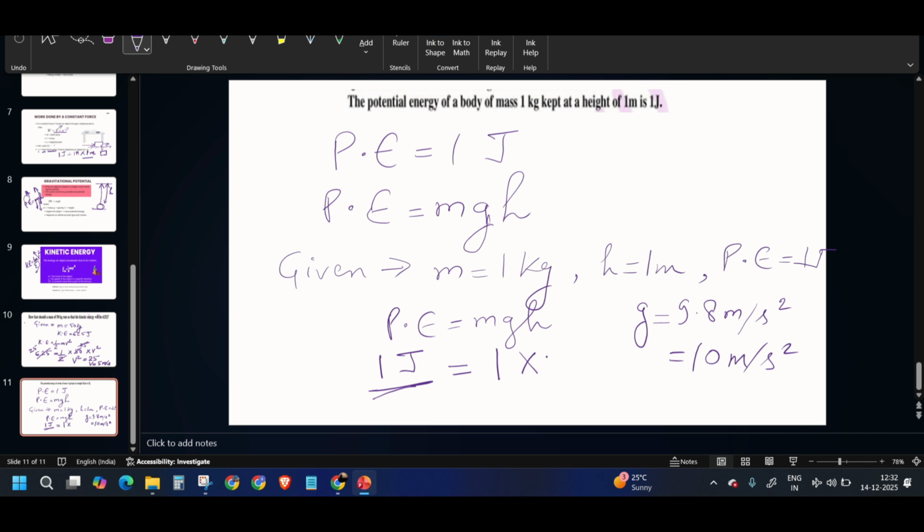So here we are taking the value of g as 10 meter per second square. So g is 10 and h is given as 1 meter. So the right hand side will be 10 joule, but the left hand side is 1 joule. So the left hand side is not equal to the right hand side. So the statement, the potential energy of a body of mass 1 kg kept at a height of 1 meter is 1 joule, is a false statement.